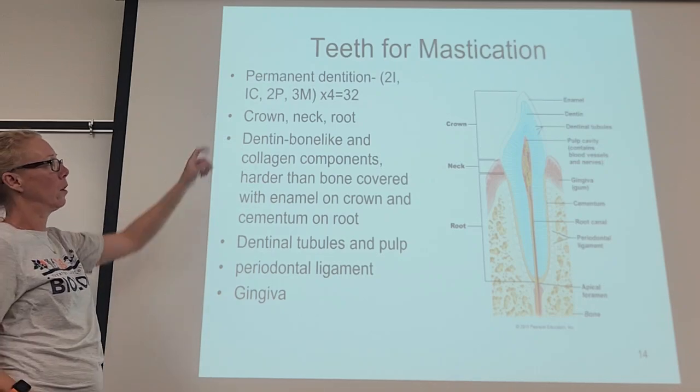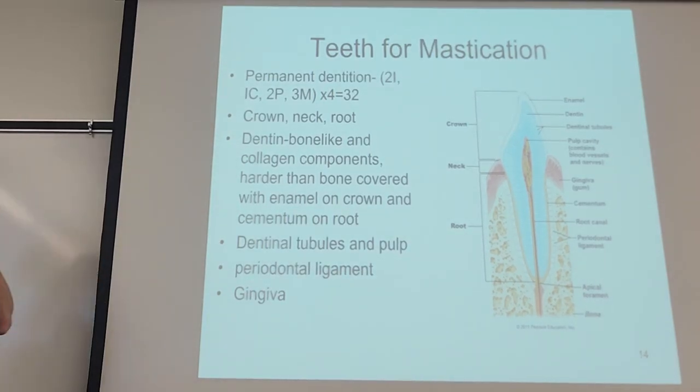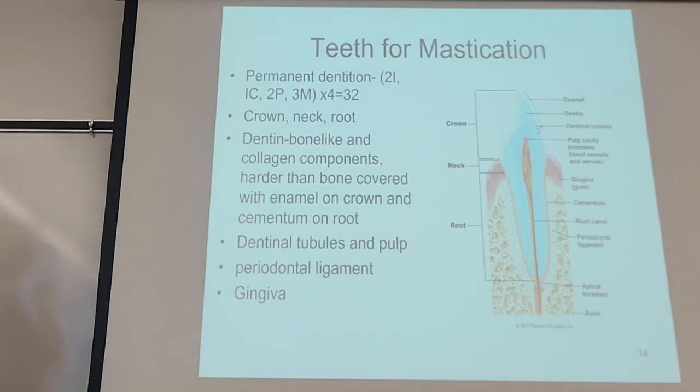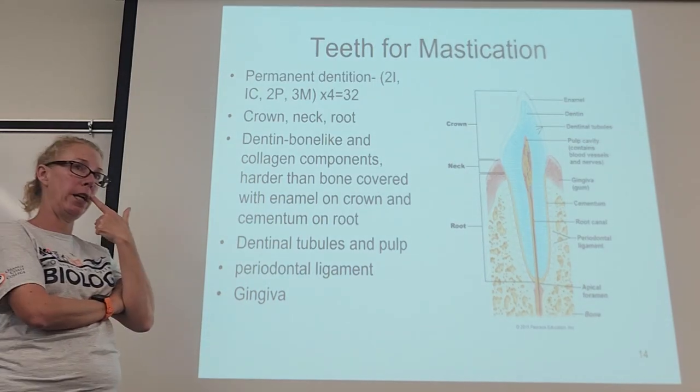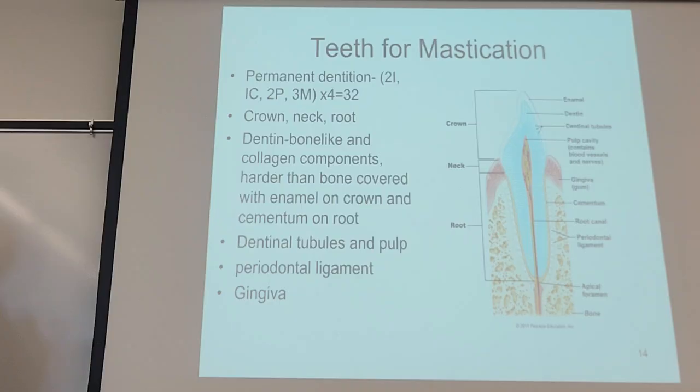You have 2 what are called incisors, and the incisors are the flat 2 front teeth that you have, and they're used for grabbing and tearing. 1 canine in each quadrant, that's the pointed tooth, and that's for tearing and ripping.